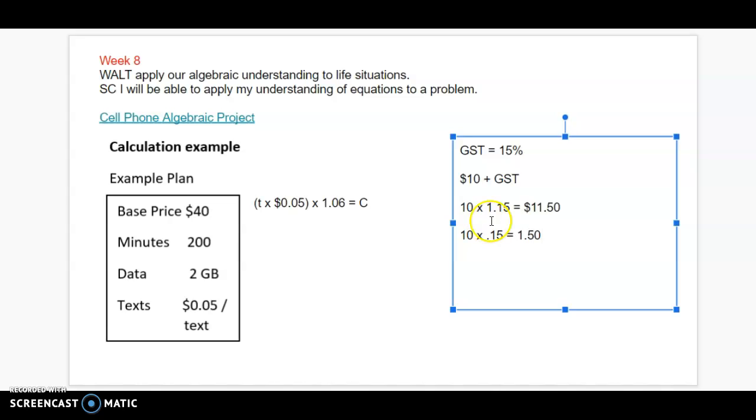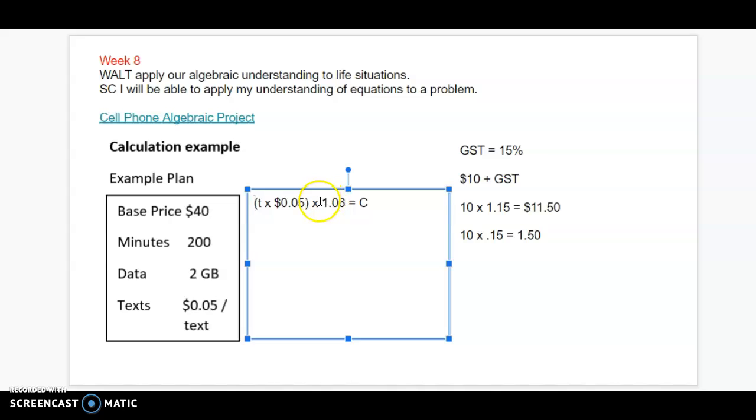So that $1.50 plus the $10 is $11.50. That's 15% GST. For the purpose of this exercise, 6%, 1.06.